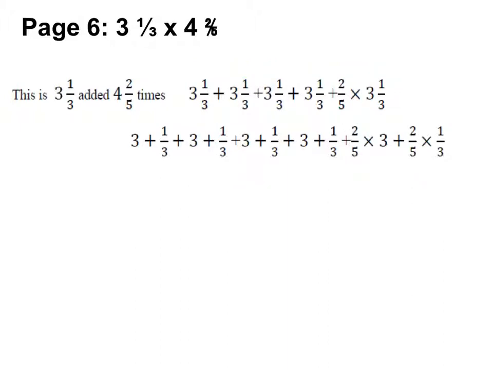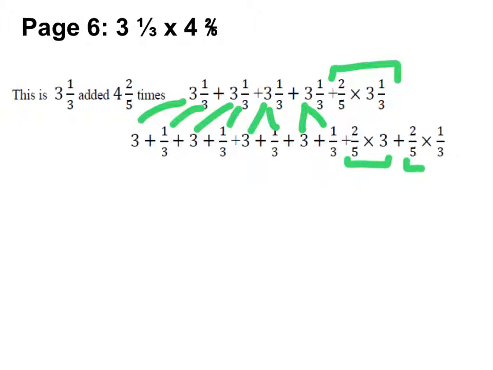So every 3 1/3 is going to get broken into 3 plus 1/3, 3 plus 1/3, 3 plus 1/3, 3 plus 1/3. And then in this last part, if I want 2/5 of 3 1/3, I can find 2/5 of 3 and add that to 2/5 of 1/3. So if I want 2/5 of a large number, I can take 2/5 of each part of that number.